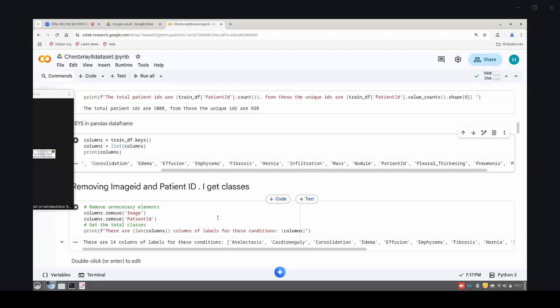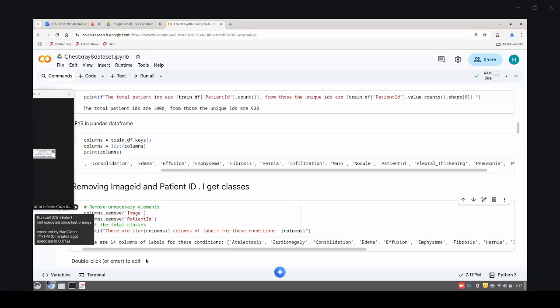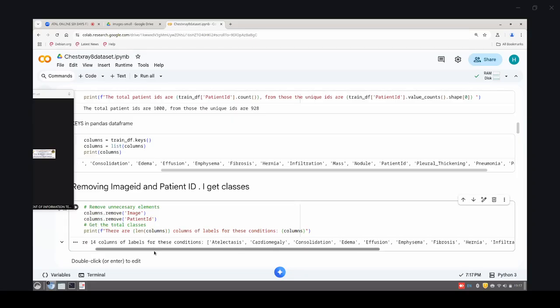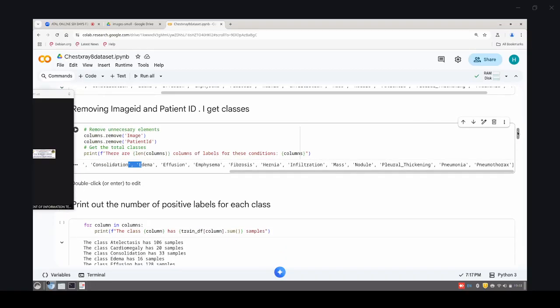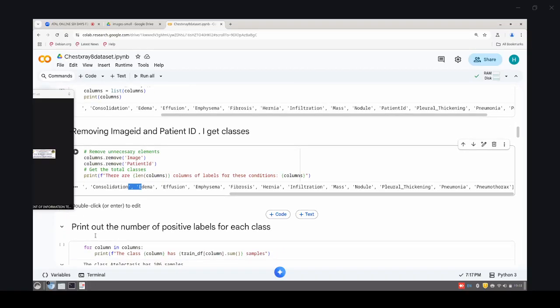That's what I'm doing here: columns.remove image, columns.remove patient ID. Then I'll get the final 14 columns, which are 14 different disease manifestations associated with the chest X-ray given in the dataset.